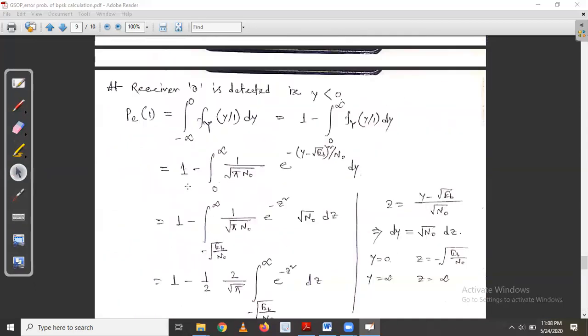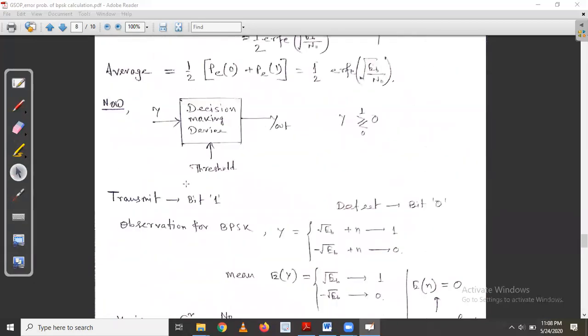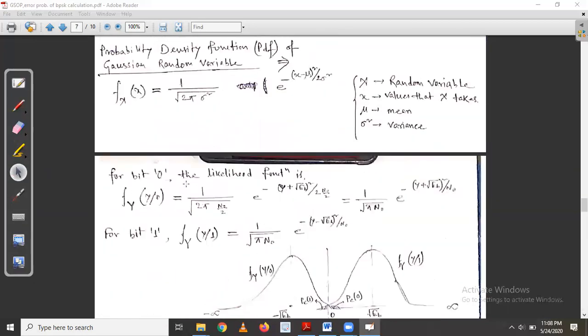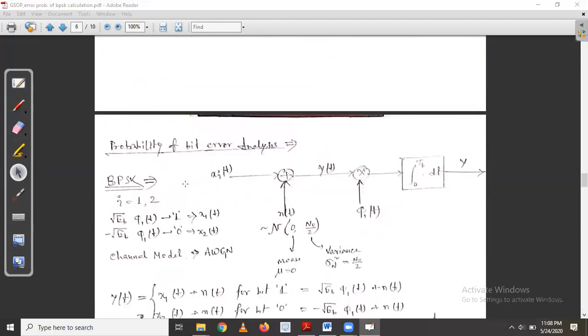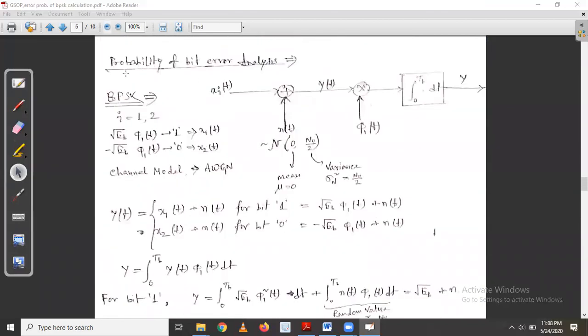So in whole, we have discussed these things. In short, from page number 6 to page number 10, we have derived the probability of error expression from the Gaussian random variable concept, with threshold value 0.